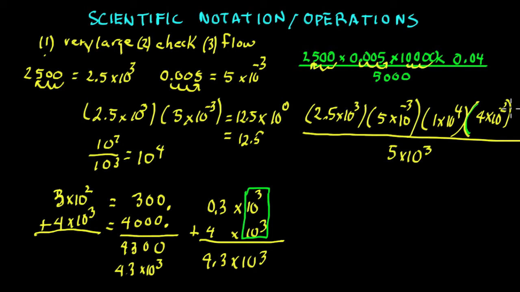Okay, when we multiply the coefficients, we just multiply. 4 times 1 is 4, times 5 is 20, times 2.5. So we get 50 times 10 to the exponents. 4 and 3 is 7, minus 3 and minus 2 is minus 5. So we have a total of 10 to the 2 divided by 5 times 10 to the 3.